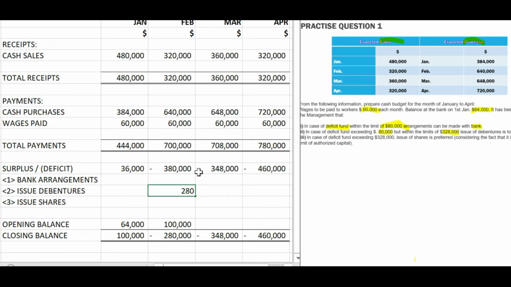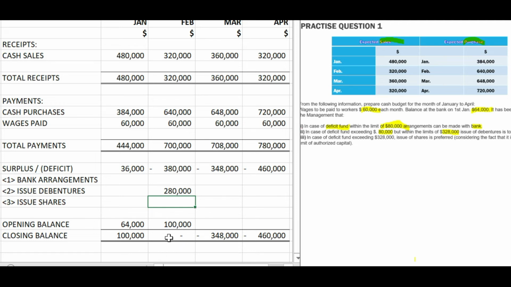When you issue debentures, the debenture holders give you money, and they get the debenture certificate claiming that they are your creditors. So you will have a closing balance of 0 because all the deficit will be funded by debentures. Look at March.